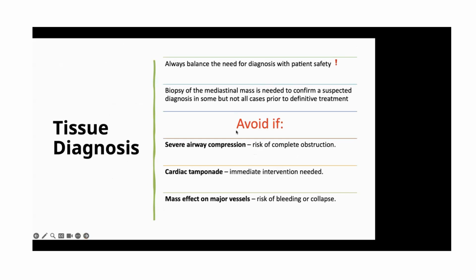We have to avoid any biopsy if we have severe airway compression, because you risk complete obstruction. We should also avoid biopsy if we have cardiac tamponade or a huge mass effect on the major vessels, because there will be a risk of bleeding or collapse.